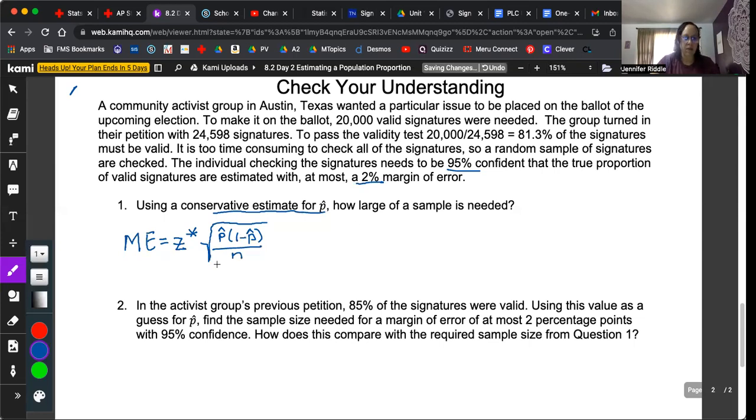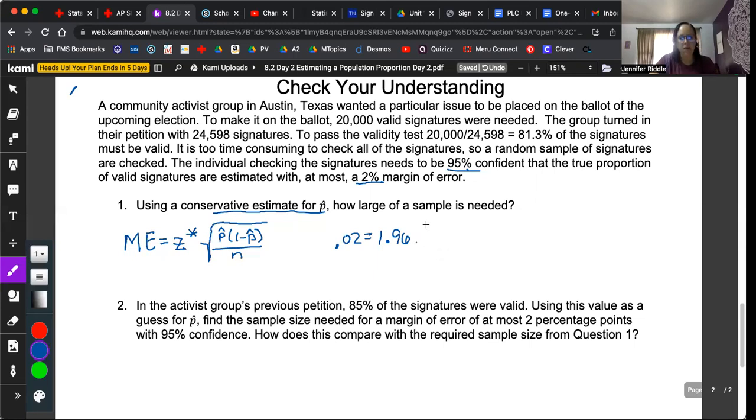I know that my margin of error needs to be at most 2%, so 0.02. For a 95% confidence interval, I need a critical value of 1.96.